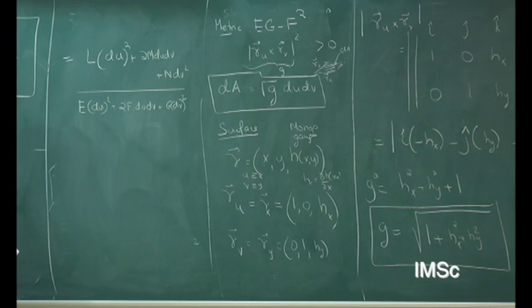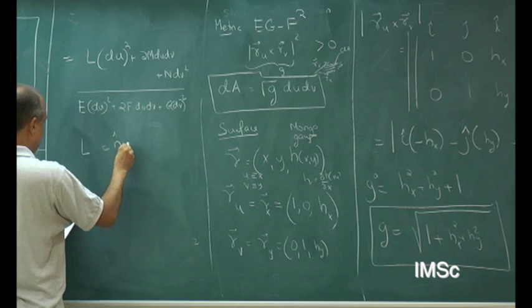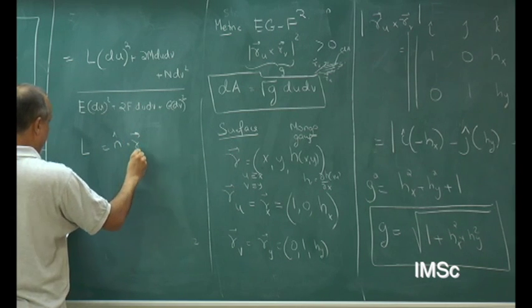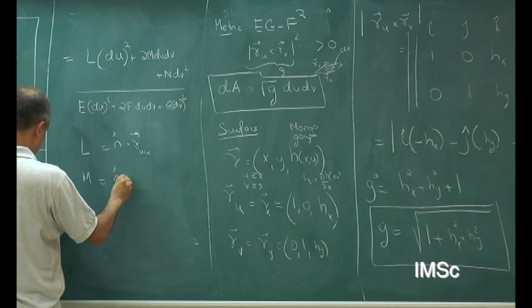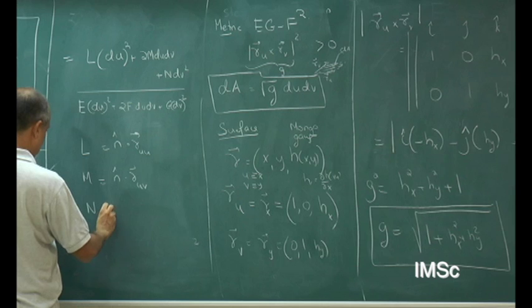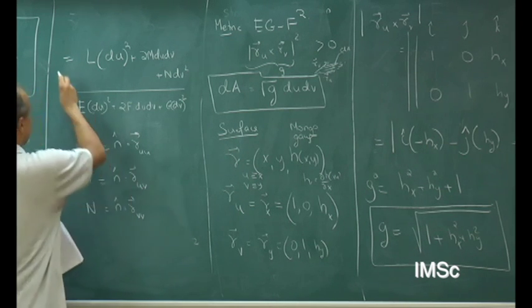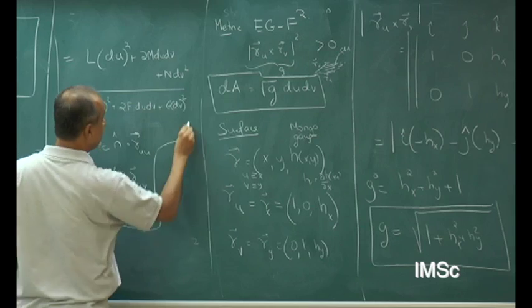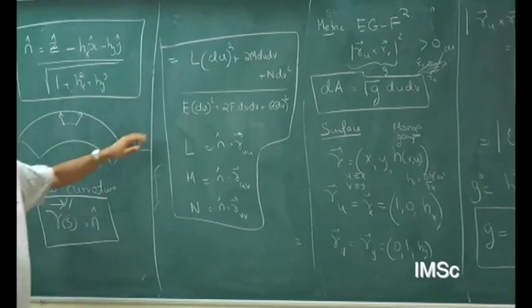This is a new thing here. And here the definitions are L is n hat dot r_uu, m is n hat dot r_uv, and n is n hat dot r_vv. So all you really need to know is to remember these definitions for how you calculate L, m, and n.